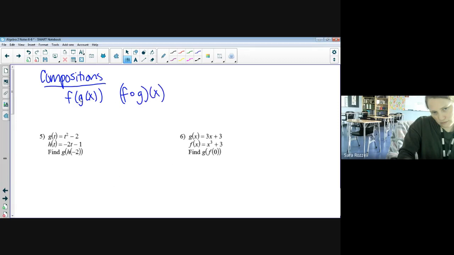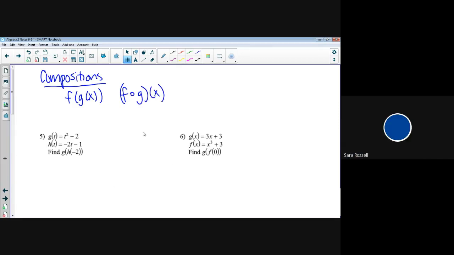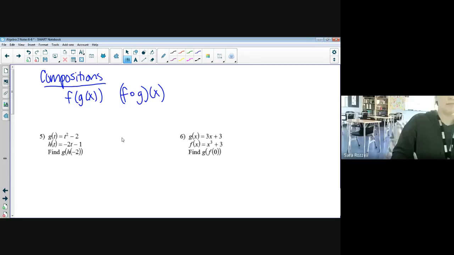So there are two different ways that we can write the same thing. I think it just depends on personal preference. If you prefer the first option or the second option, they mean the exact same thing. You evaluate them the same way, you read them aloud the same way, their notation is just written differently.